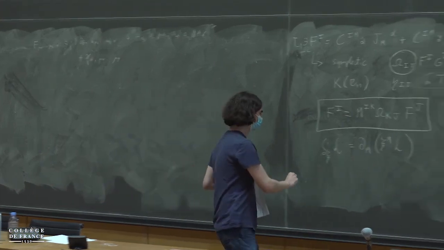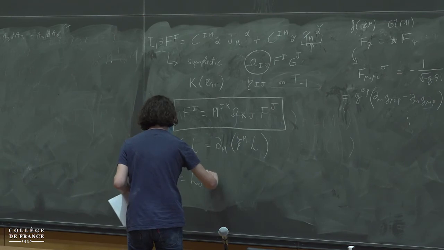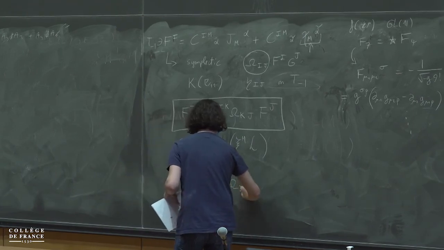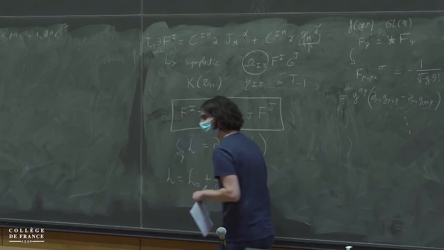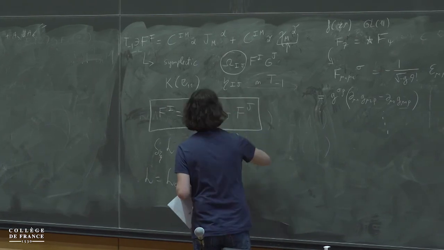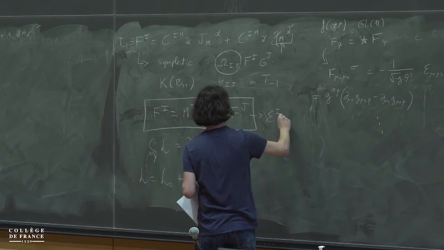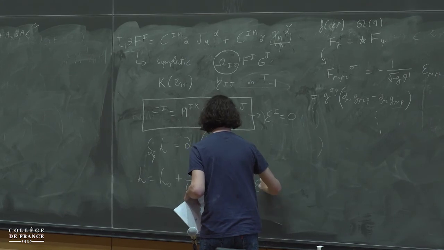And what one obtains then is that L is equal to L0 plus 1/4 of omega^{ij} epsilon_i^+ epsilon_j^-. The plus and the minus means that I have chosen a polarization, where I can write the duality equation. So let me write this as epsilon_I equal to 0, and simply write here epsilon_i^+ epsilon_j^-.